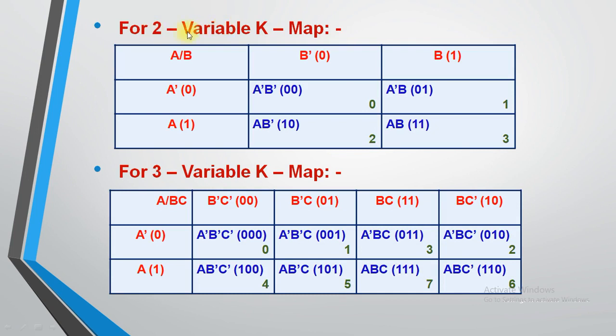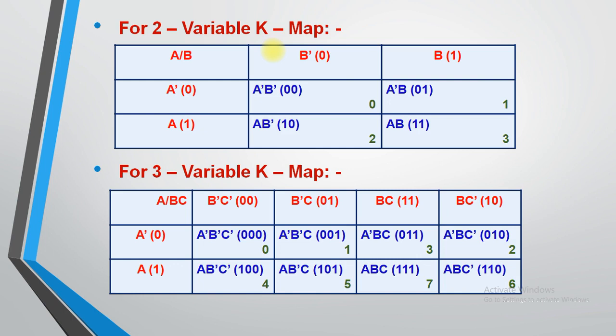If you have two variables, the first variable is A and the second variable is B. To represent a two-variable K-map, you need to create one table. After creating the table, you need to learn the values of the truth table.